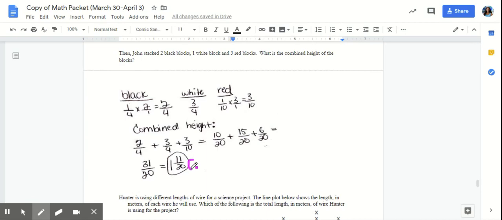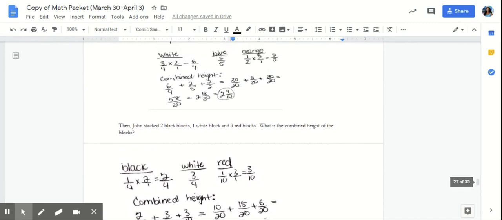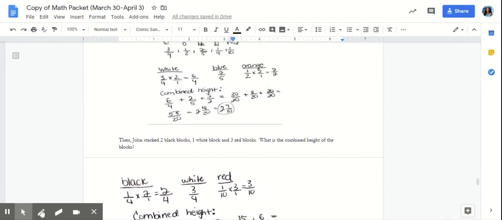And we should remember to always label our answers. So it would be 1 and 11/20 centimeters. Let's go back and make sure that I've done that. Sometimes we forget, but that's okay, and that's why we go back and revise our work.